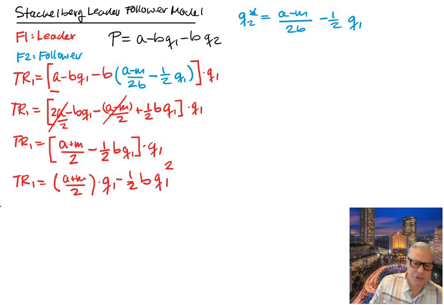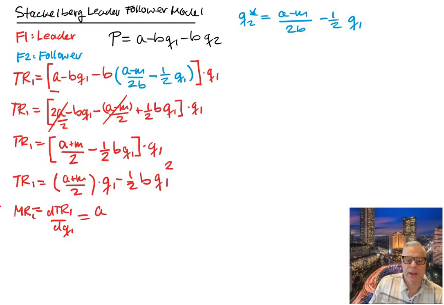So now the marginal revenue function is the derivative of the total revenue function with respect to Q1, that we get (A plus M) over 2 minus, the 2 goes in front, cancels out, so minus B Q1.